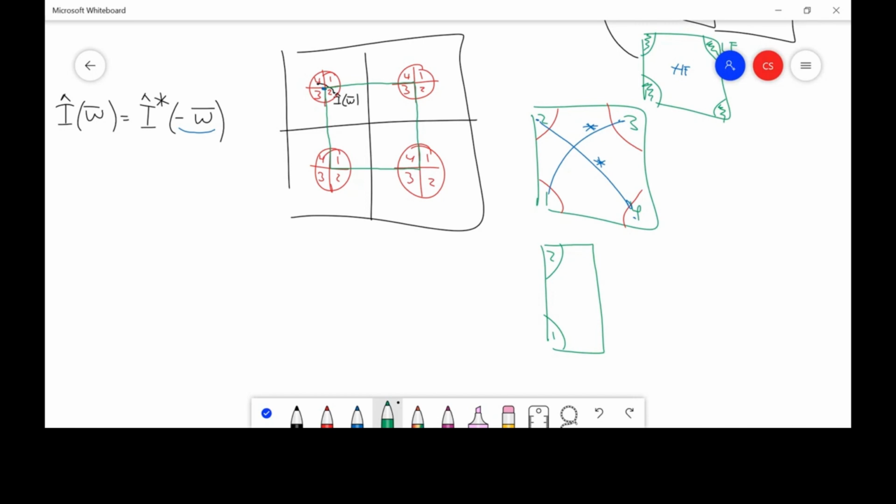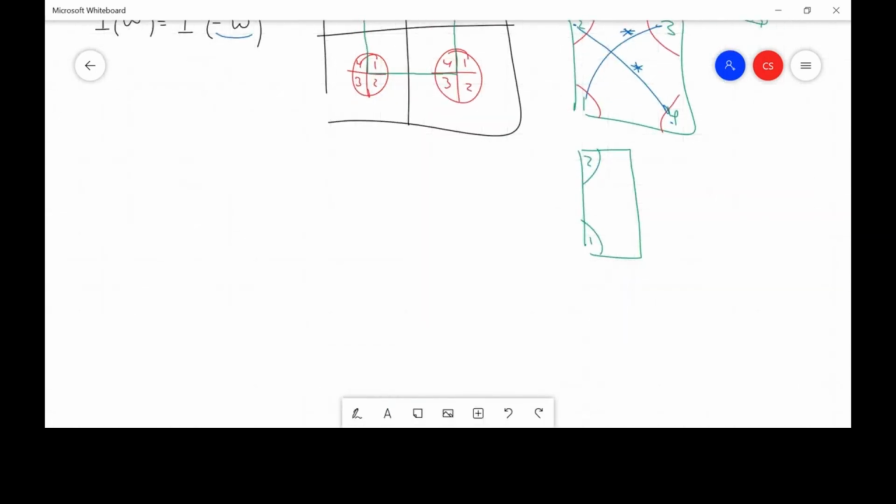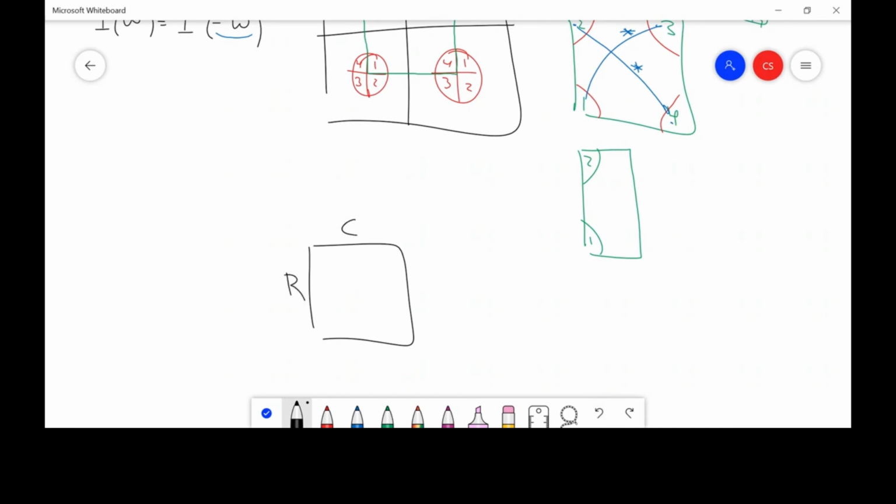Okay, so now let's think of something. Let's say that you have an input that has a size R by C. We saw it yesterday, this is our image in real space.